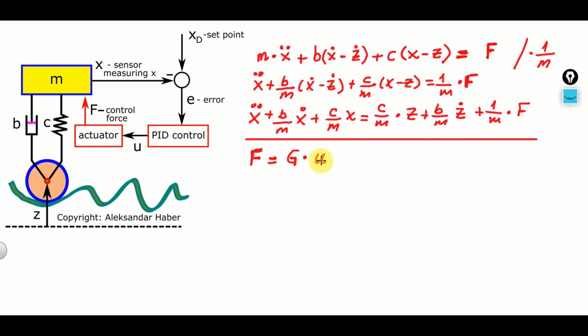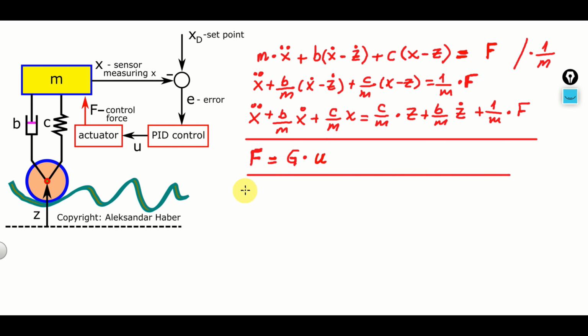That is, it will amplify U by multiplying it by G to create the force F. And that's it. And the final equation that we need to write is the equation of the PID controller.